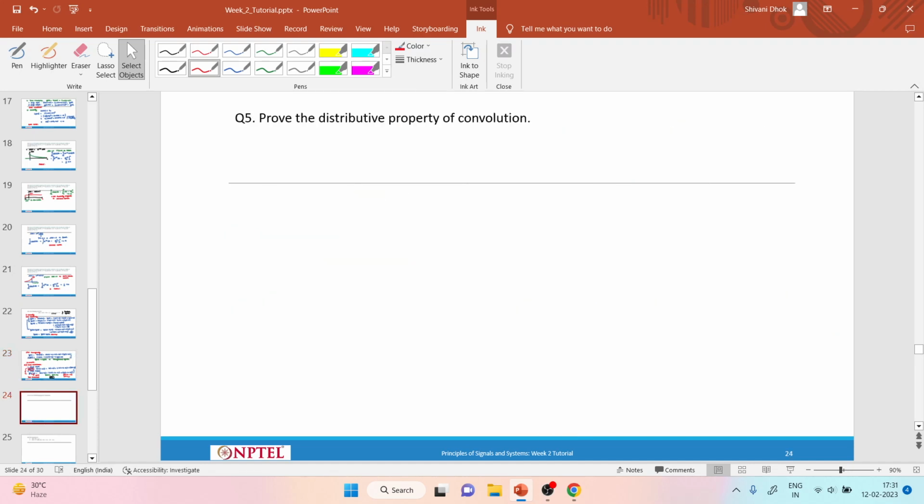Okay, let us look at the next question, and that is prove the distributive property of convolution. So what is this distributive property?